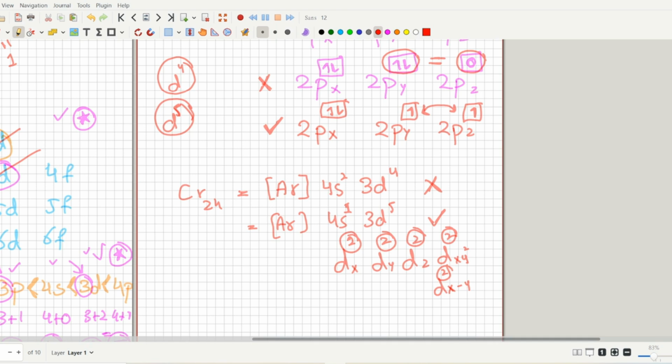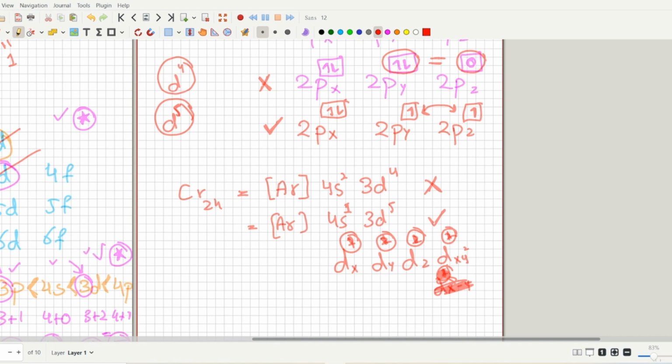So imagine you have one electron, one electron, one electron, one electron, and one electron. This is a really stable configuration, right? But imagine there is no electron in this orbital. Then there could be only 4 orbitals filled, right? And one of these would be empty, and that would make the element really unstable.